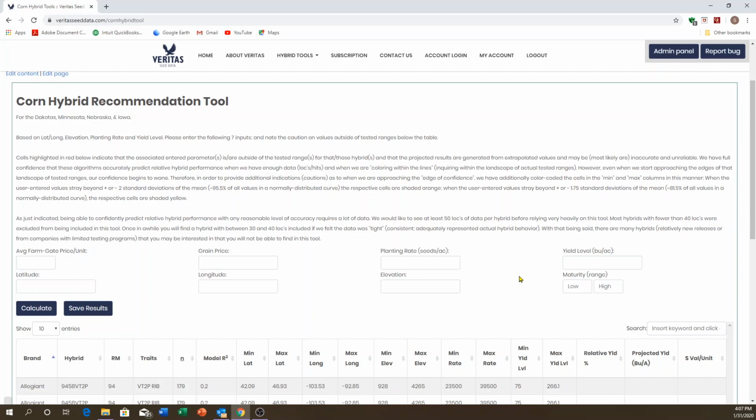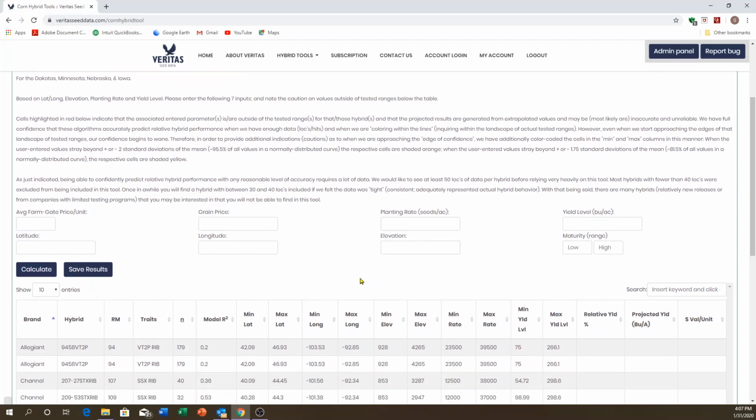Those tend to be some of the primary drivers that move hybrid performance and determine how one performs relative to another. And so in this tool, you get to enter those combinations of those 5 factors, and play around with it and get a targeted, rifled-in prediction of what will most likely perform best for you.